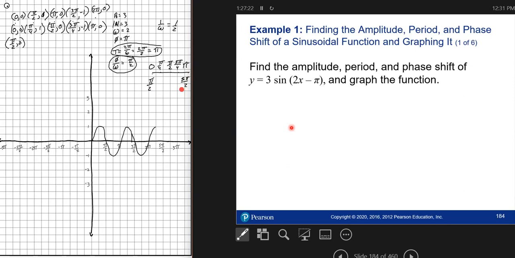Half of 3 pi over 2 is 3 pi over 4, so this is going to be, yeah, this is going to be, is that right?